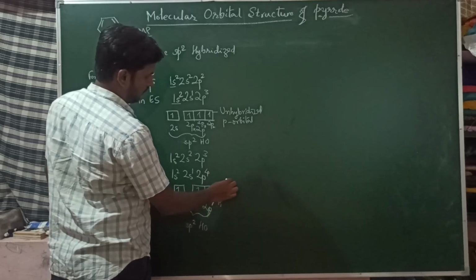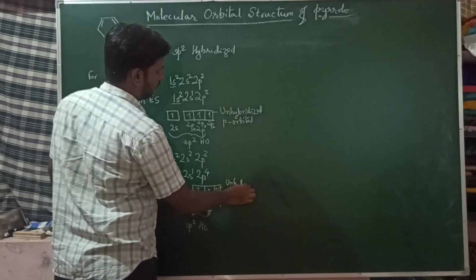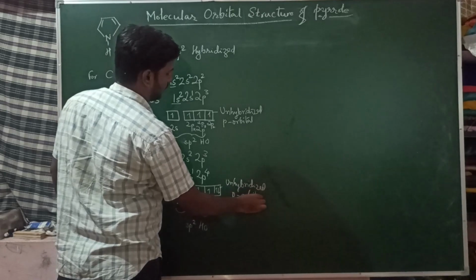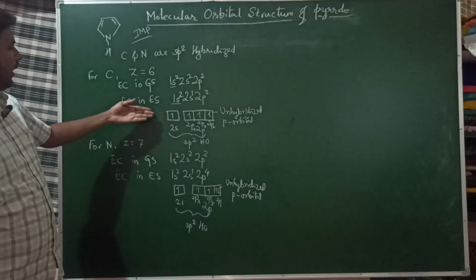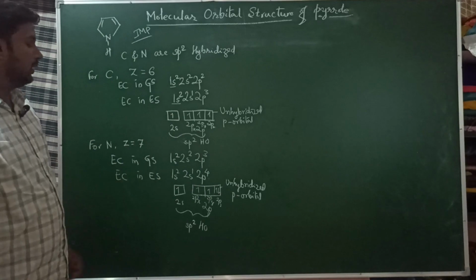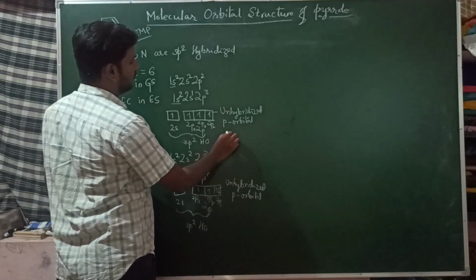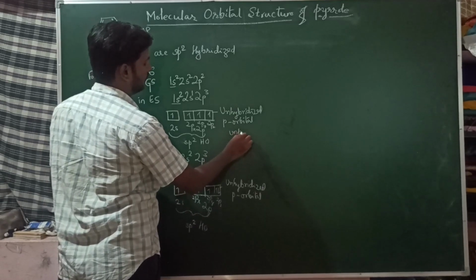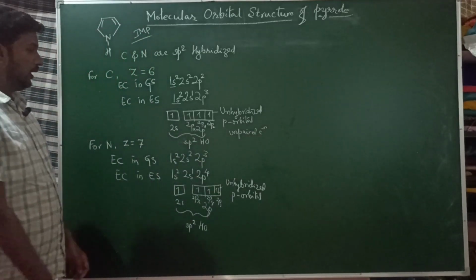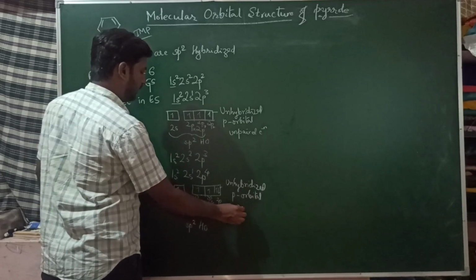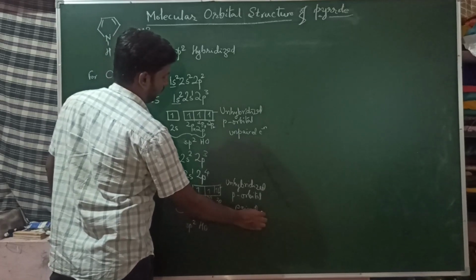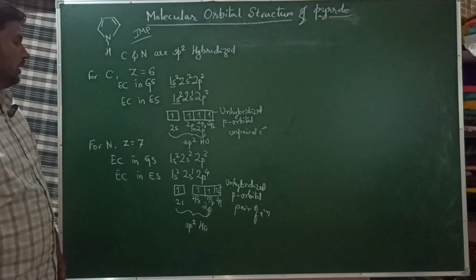In carbon, the unhybridized p orbital contains a single unpaired electron, and in nitrogen it contains a pair of electrons.